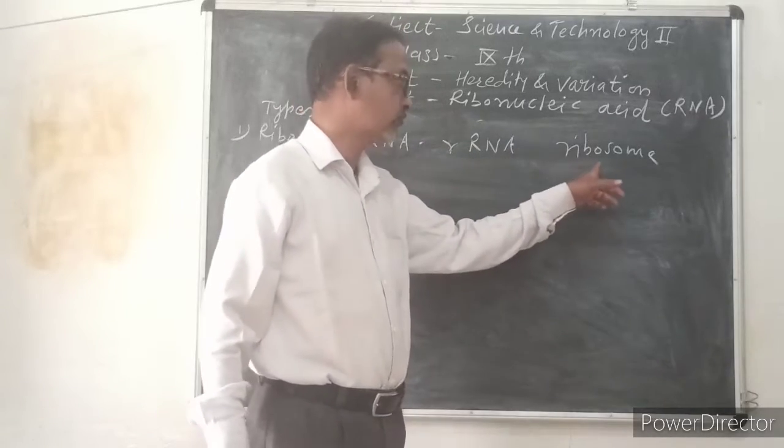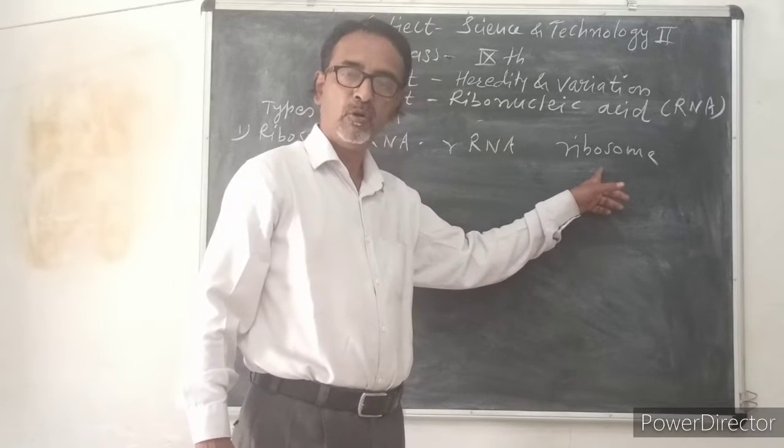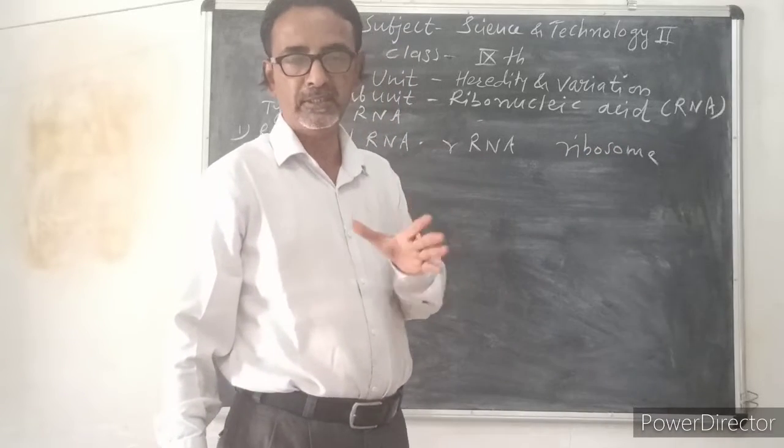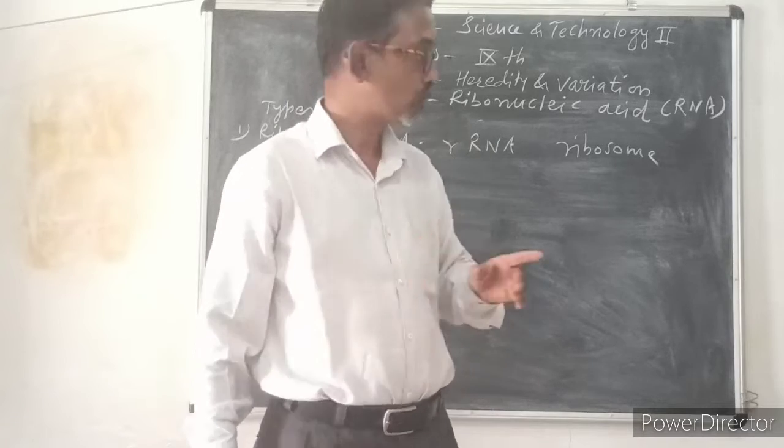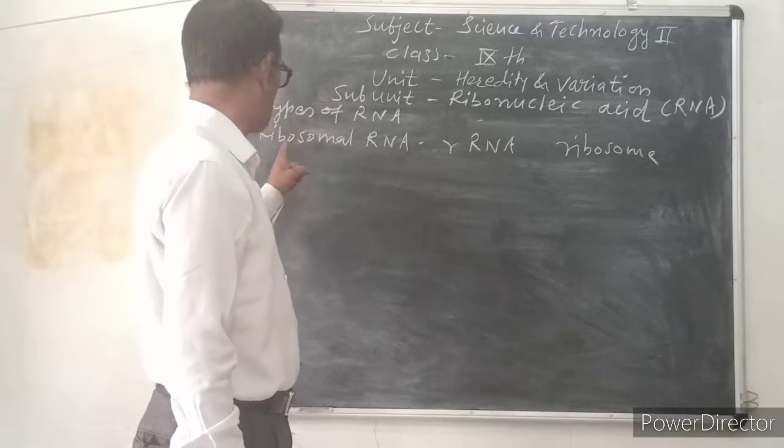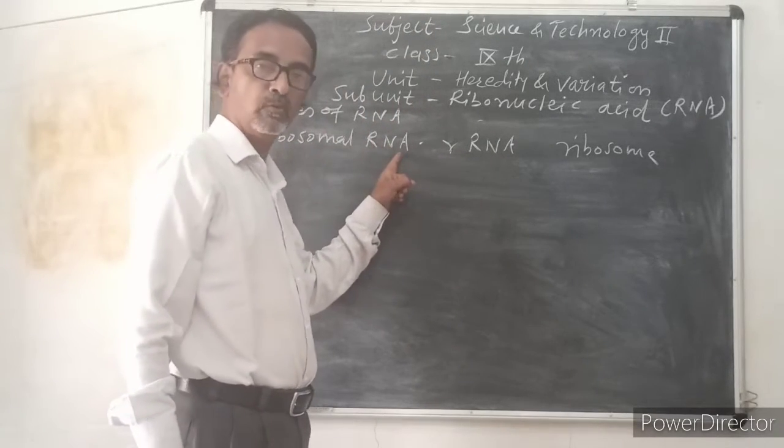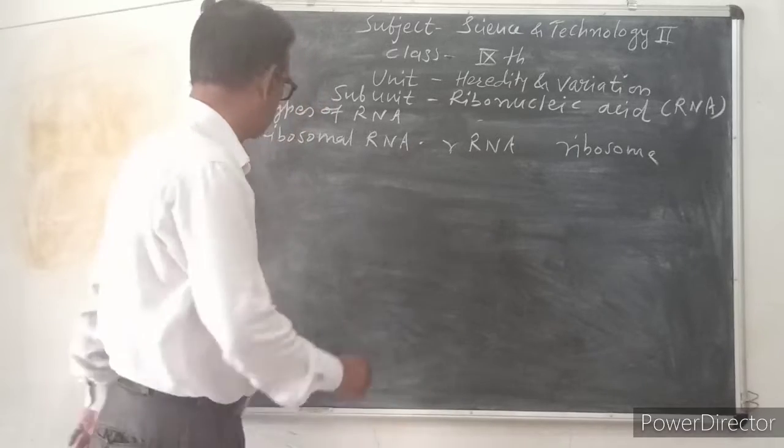So ribosome is used for synthesis of protein in the cell. So that is a short information of ribosomal RNA or rRNA.